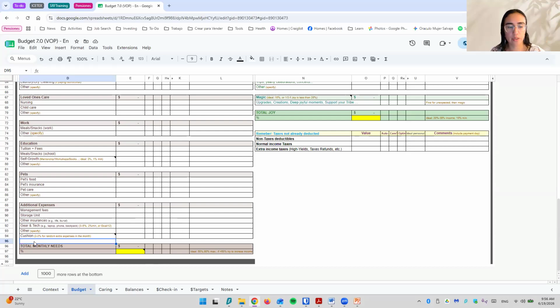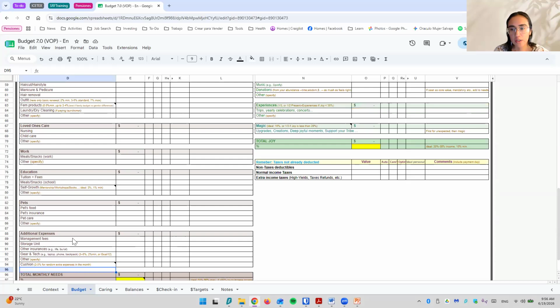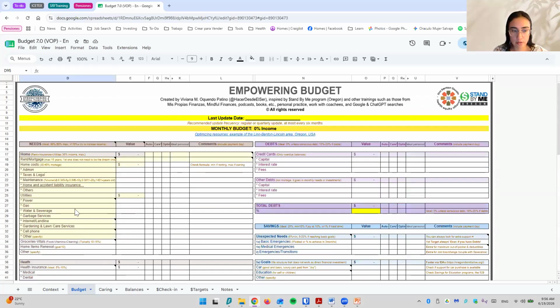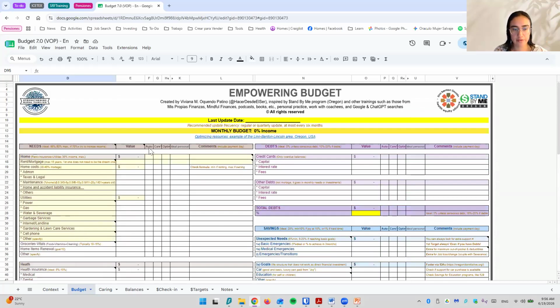So we should calculate 2 to 3% of our available income as a cushion for random things during the month. For every one of these categories, we should have identified in the process of budgeting if I can automate it, if I need to take care of it, if it's a risk that I get beyond or that I really need to calculate these things, or if I can optimize it.